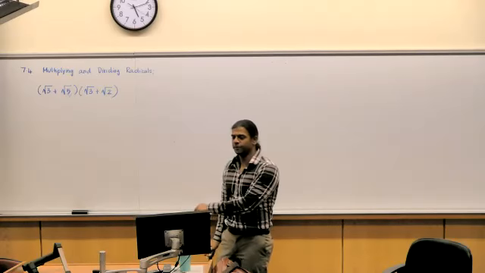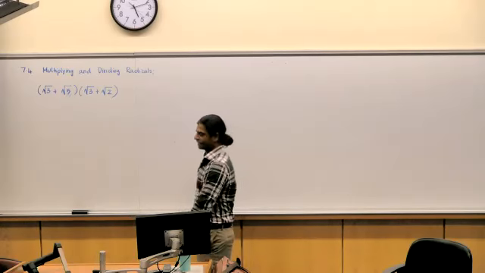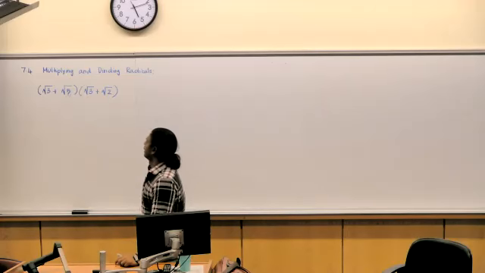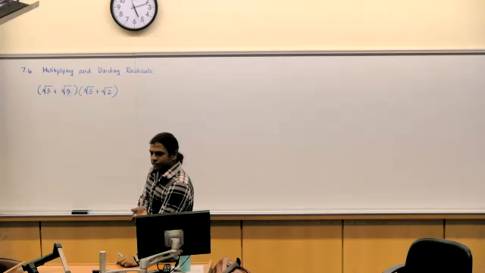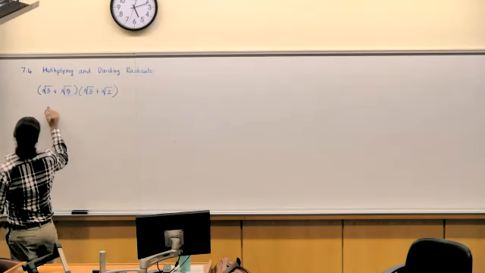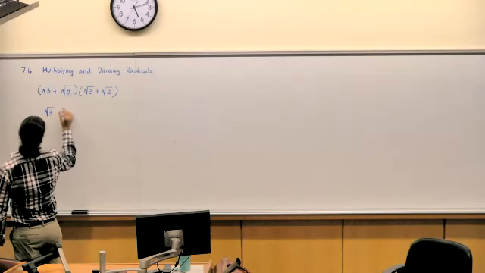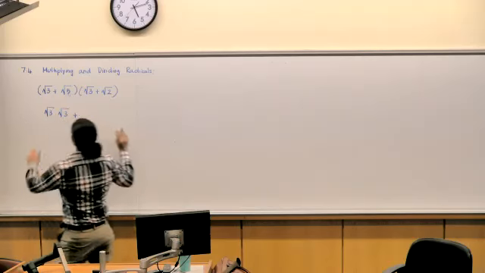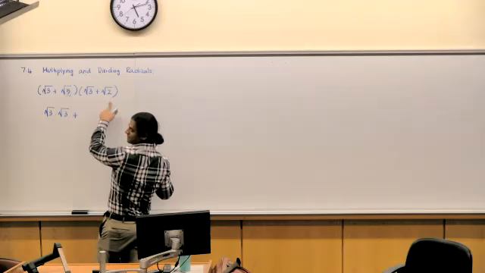I'm going to start with numbers because it's easier this way. We should simply distribute, yes? So root 3 times root 3. Root 3 times root 2.